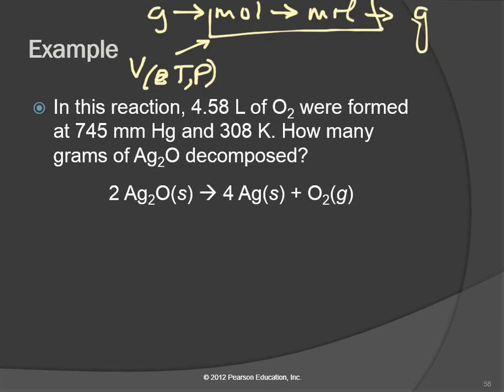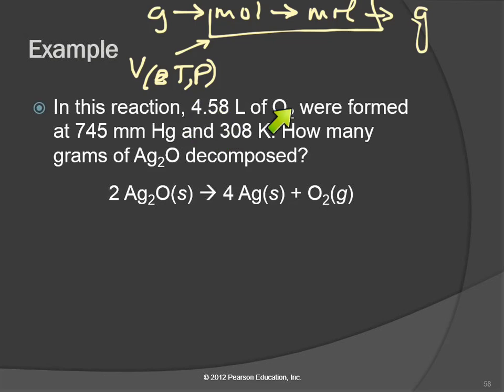So let's look at this reaction. 4.58 liters of oxygen were formed at 745 millimeters of mercury and 308 Kelvin. How many grams of silver 1 oxide decomposed? So here's our balanced chemical equation. The balanced chemical equation is really the center part of the stoichiometry. Let's take these numbers and write them under the appropriate things here.